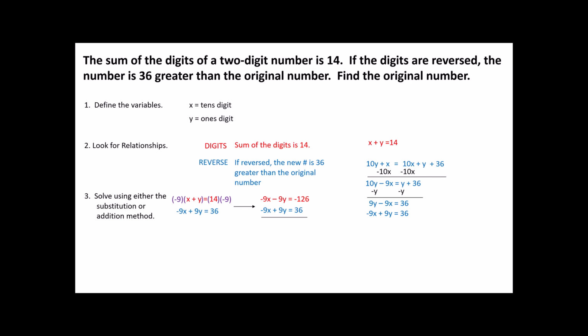When I add those together, notice that negative 9x and negative 9x make negative 18x, but this y term disappears and becomes a 0. You're left with negative 126 plus 36 equals negative 90, and then we just divide away the negative 18.